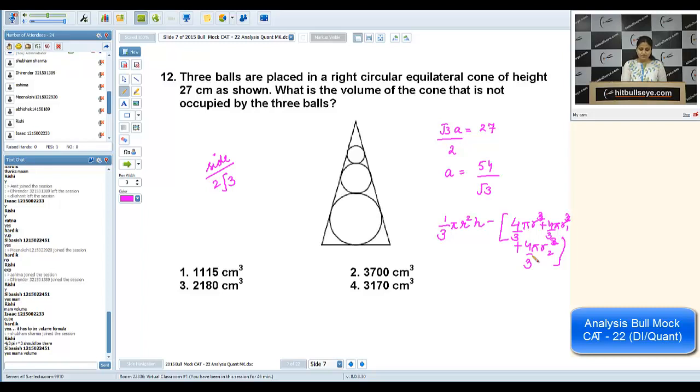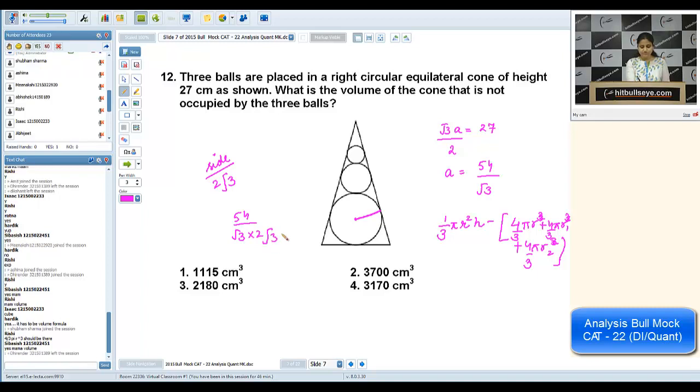Okay. Now you can calculate the radius of every circle. Then by finding the radius, we will subtract the volume. Is it okay? For example, if I find the radius of this circle or sphere, it will be side, which was 54 by root 3 into 2 root 3, which comes out to be 9.